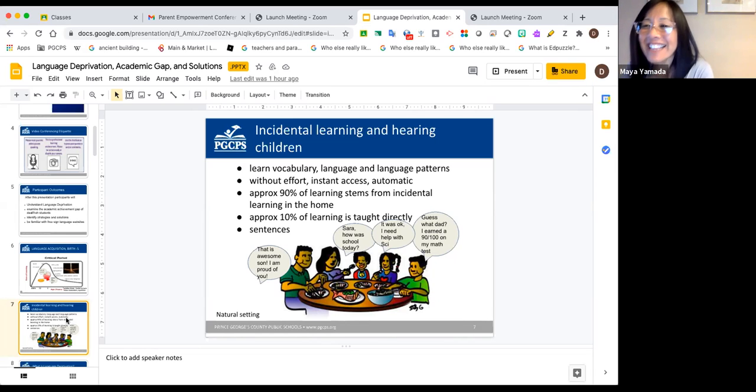Okay, all right, thanks. Okay, so if you take a look at the sample here, there's a family. They are having dinner, and they're also having this conversation about their children's day at school. There's a lot of language happening there, and everybody's interacting and engaging. And if you look at the language, it's not just conversation happening.